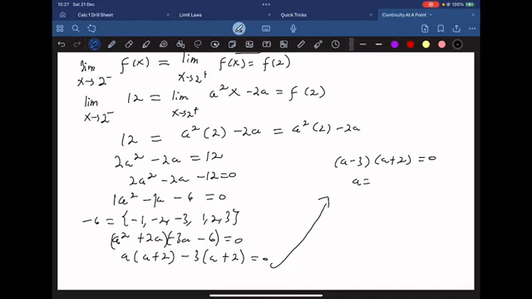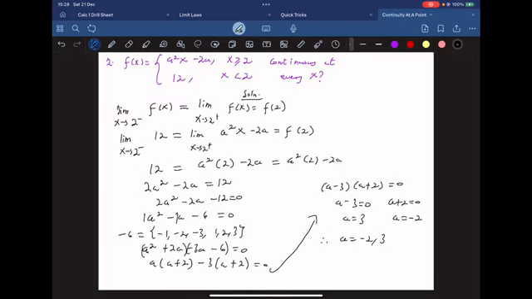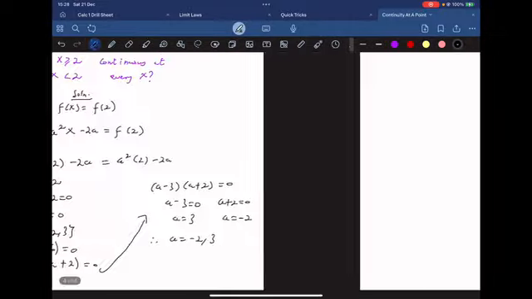So a minus 3 equal to 0 simply means a is equal to 3. A plus 2 equal to 0 means a is equal to minus 2. So therefore, when a is equal to minus 2 or 3, then our function is going to be continuous at every point of x. I hope this explains it.